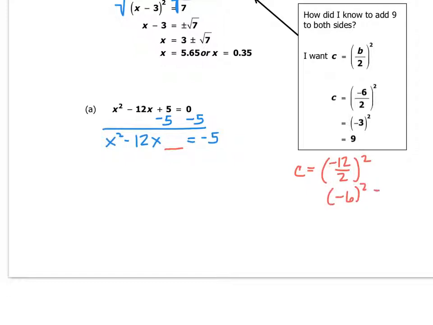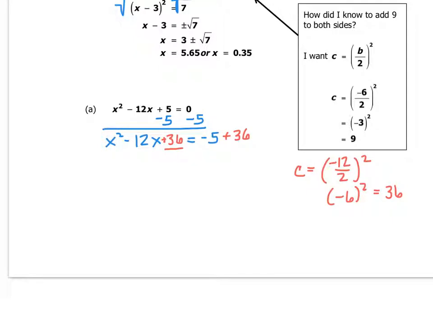Quantity squared equals 36. So what I want to do is add 36 on the left-hand side, but whatever I do on the left, I must also do on the right-hand side.